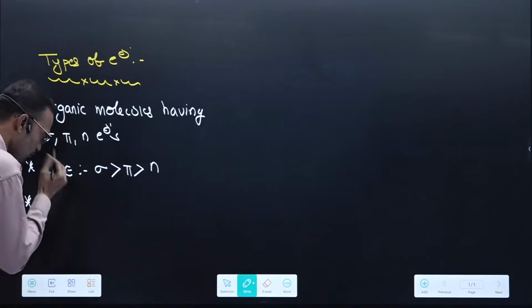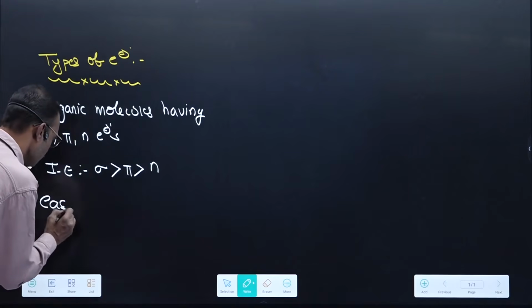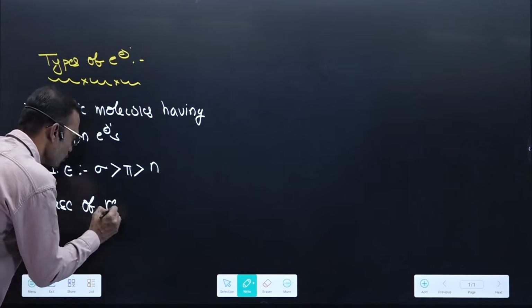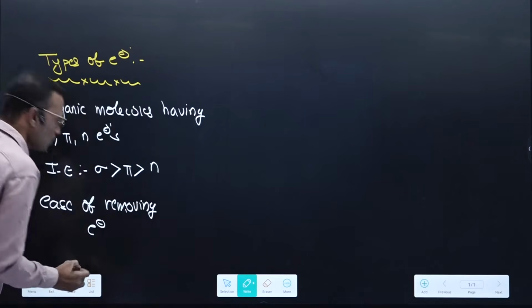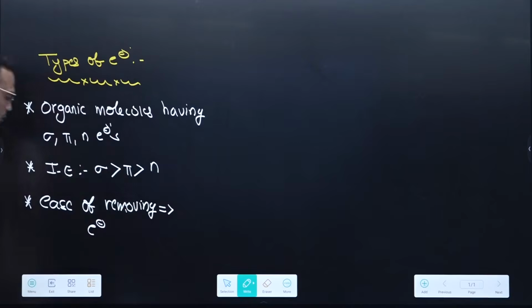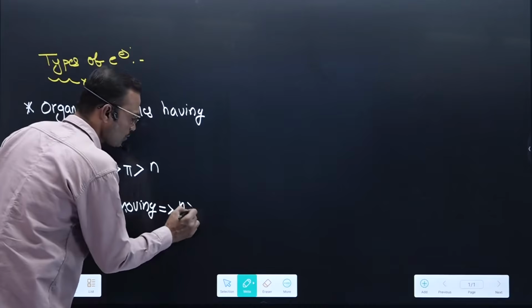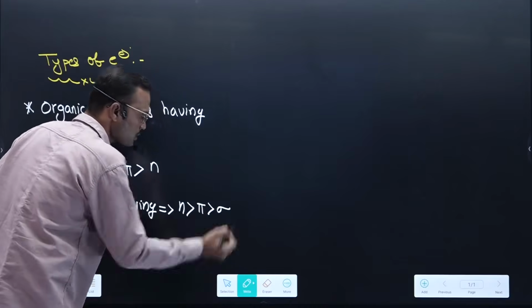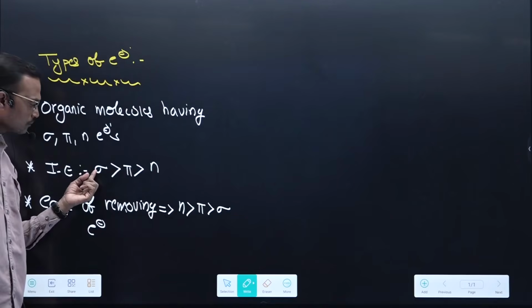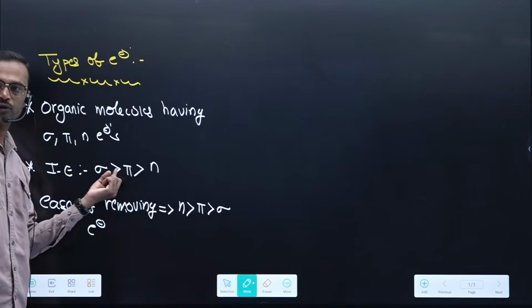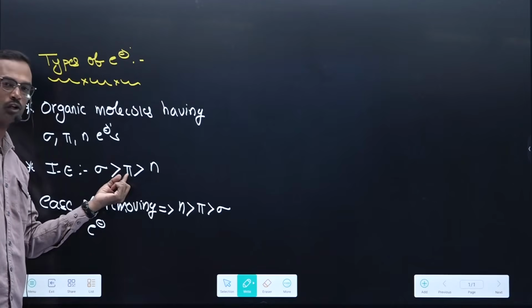Then what about the ease of removing an electron? Which is very easy to remove? Non-bonding electrons are very easy to remove as compared to pi, followed by sigma. Suppose a molecule has sigma and pi, from where will you remove the electron?